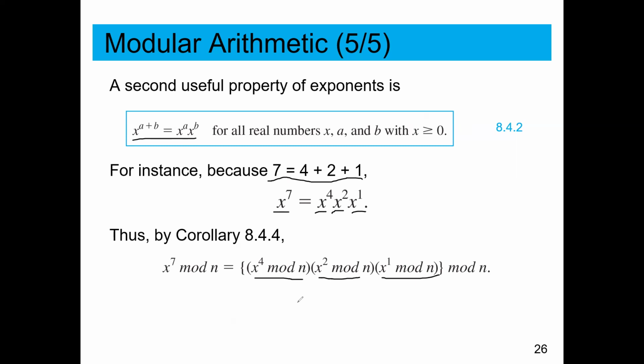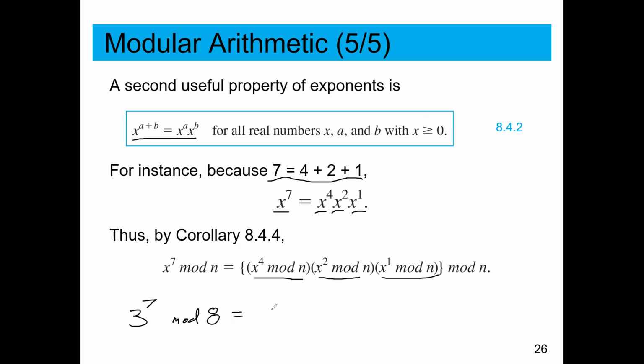Or I could do something even cooler. If I know x, let's do an example here. Let's say I want to find 3 to the 7th power mod 9. Actually, I don't want to do 9. Let's go mod 8.